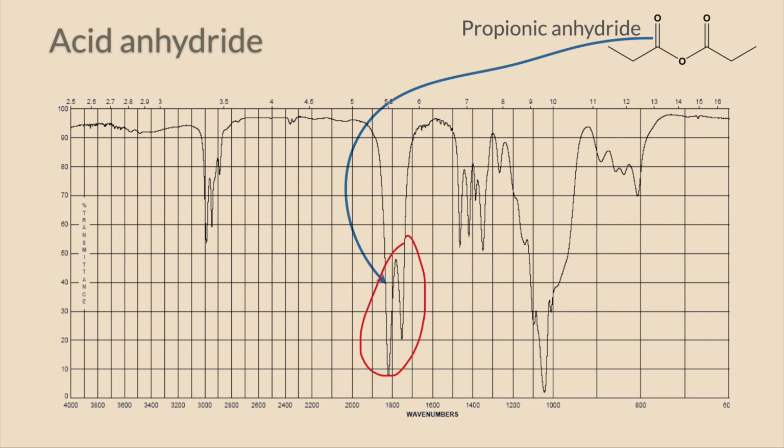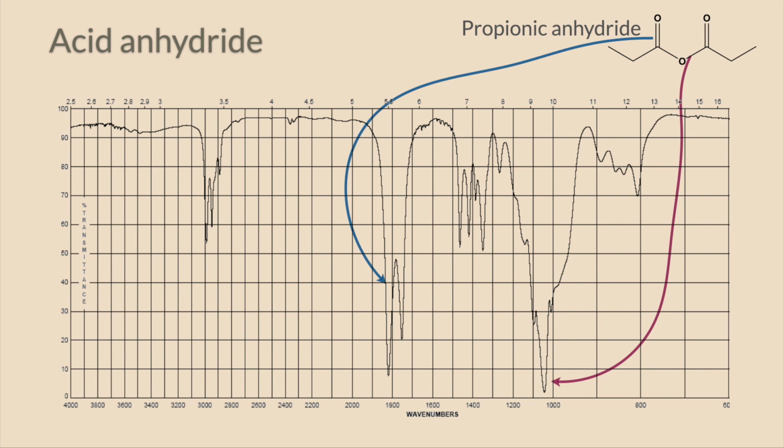It's in the same region, but we have a doublet, not a singlet like in the others, because of the coupling between the two carbonyl groups. So you can easily identify an acid anhydride by this couple around the same region of the carbonyl stretching frequency. Then we also have this sharp, strong carbon-oxygen peak. So these are the two characteristics of an acid anhydride.